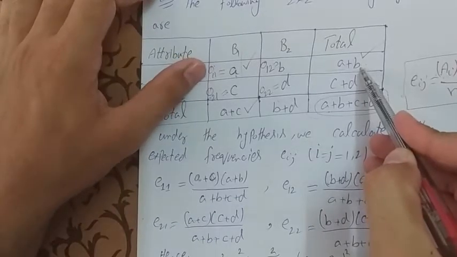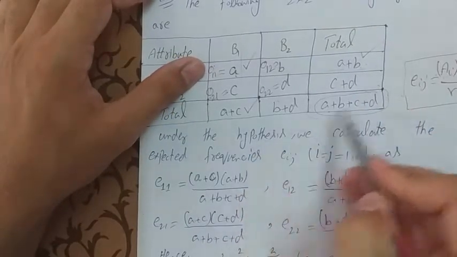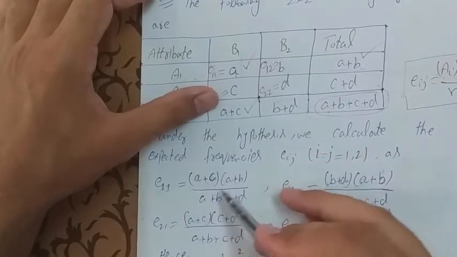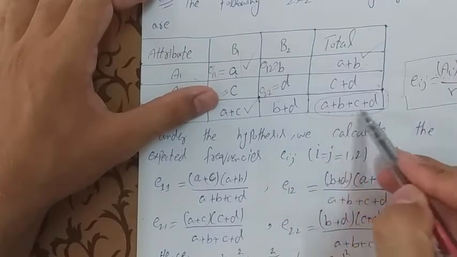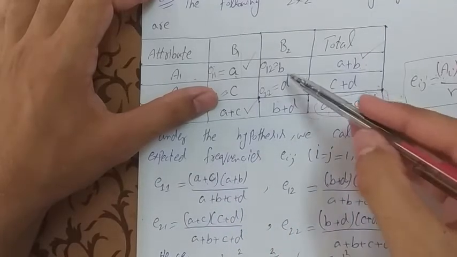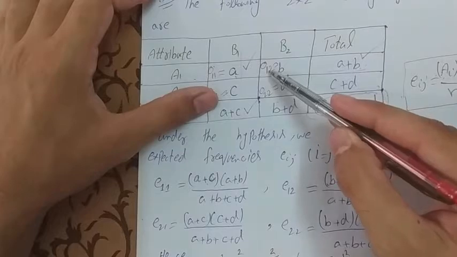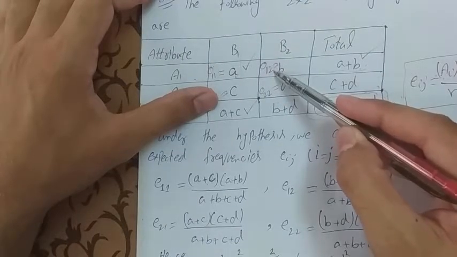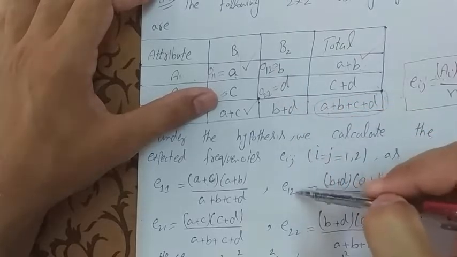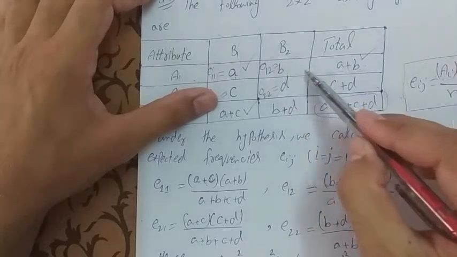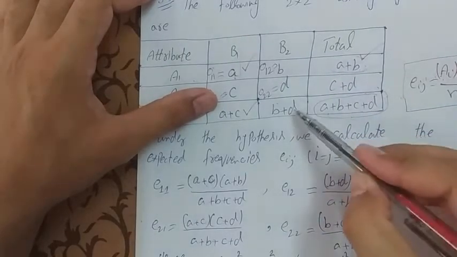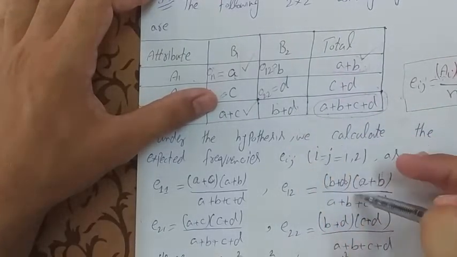For O11, A_i is a plus b, and B_j is a plus c, divided by the total a plus b plus c plus d. And similarly for O12, this is the observed value, and its corresponding expected value is E12, which is the row a plus b multiplied by b plus d divided by the total.